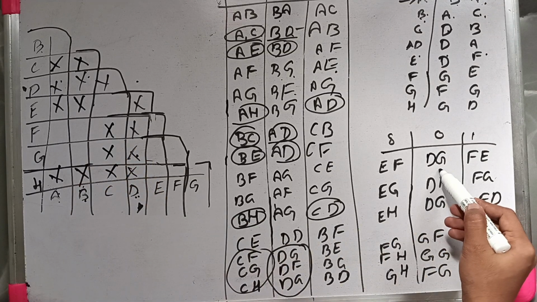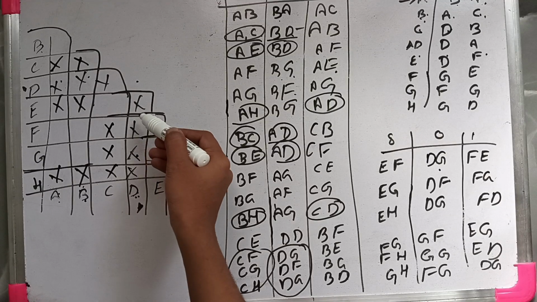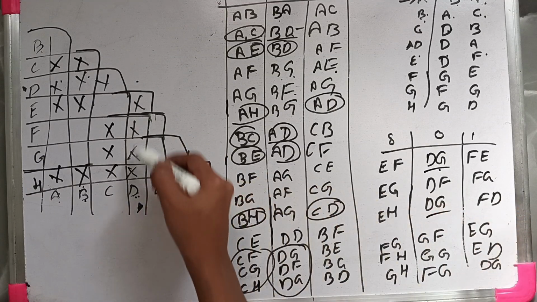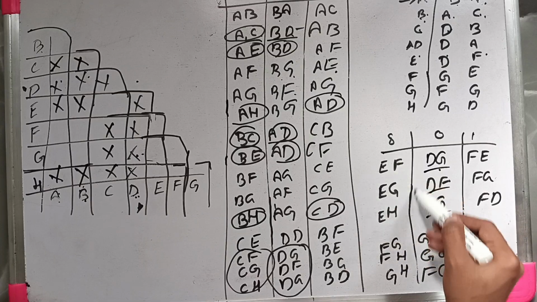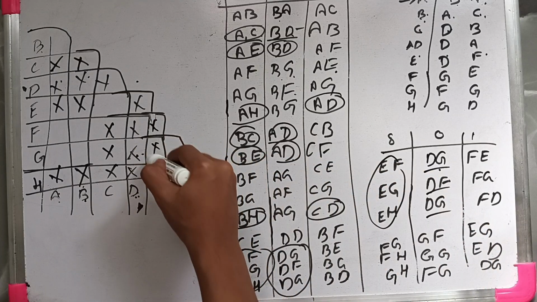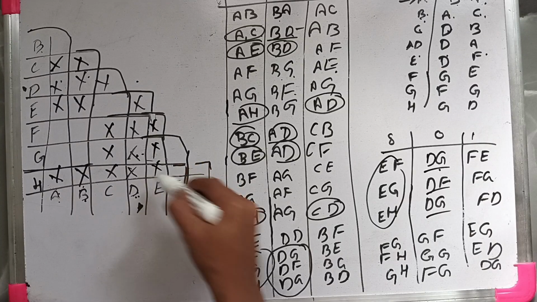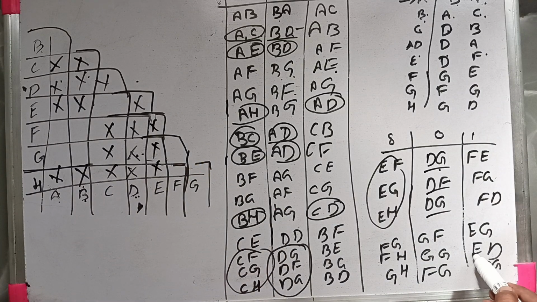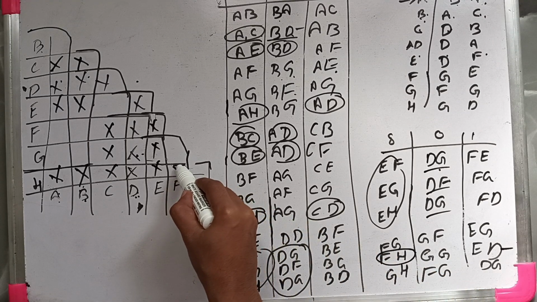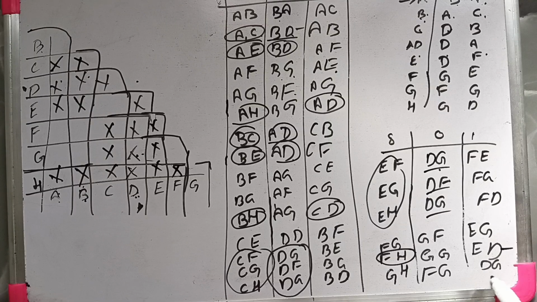After that go here, D and G marked here, D and F also marked here. So EF, EG, EH make a mark, and here E and D is present. So make a mark on F and H. Next here DG, so G and H should be marked, okay.